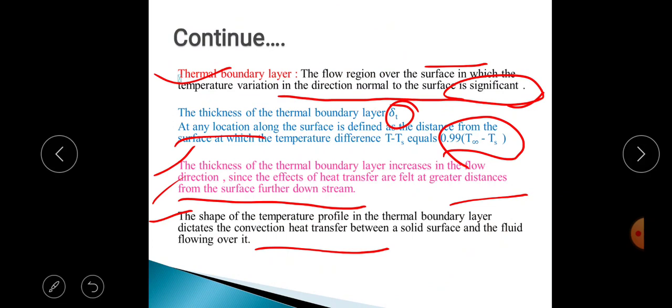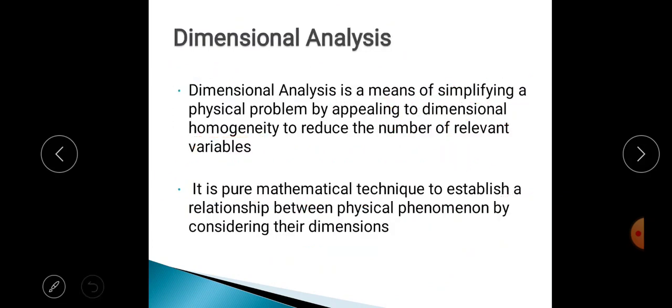Let's move on to the next topic, which is dimensional analysis. The very first question that arises is, what is the objective of dimensional analysis? Why do we want to study this? The objective of dimensional analysis is to reduce the number of parameters in a problem. Why do we do so? For ease of calculation and for experimental economy.